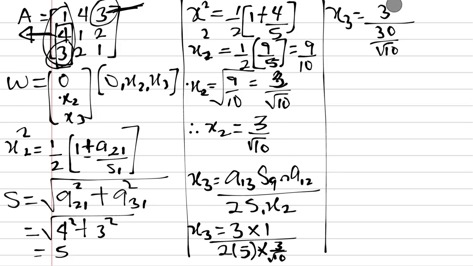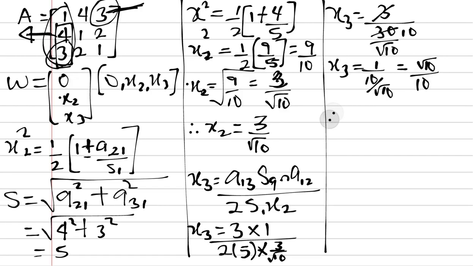So you can say 3 here 1, 3 here 10. Then I will have x3 to be equal to 1 over 10 over root 10. That's the inverse, and that means I will have root 10 over 10 as my answer. Yes or yes? So my answer is root 10 over 10.